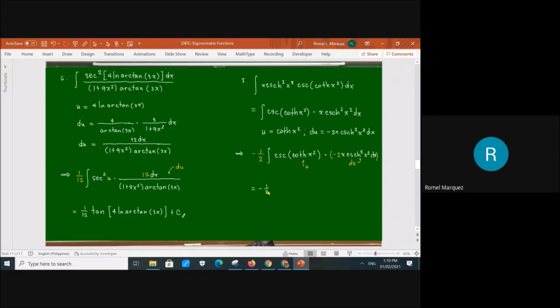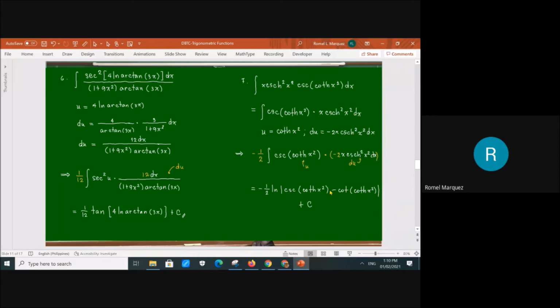Negative 1/2 ln of cosecant, di ba cosecant yan? So ln of cosecant u, but my u is hyperbolic cotangent x squared, then minus hyperbolic cotangent u. Cotangent of hyperbolic cotangent u. Then plus c.